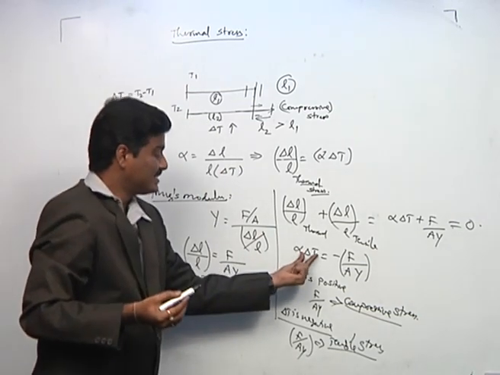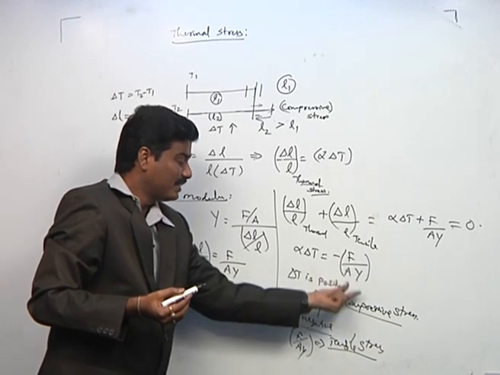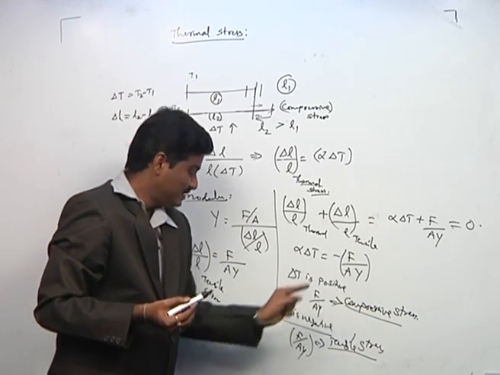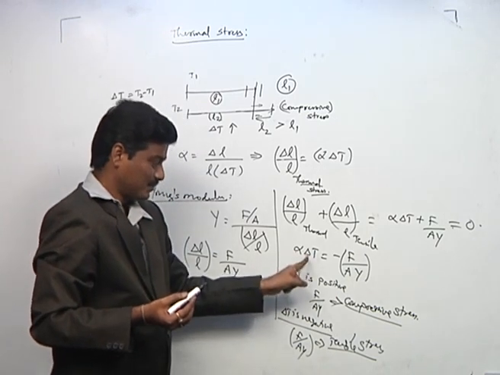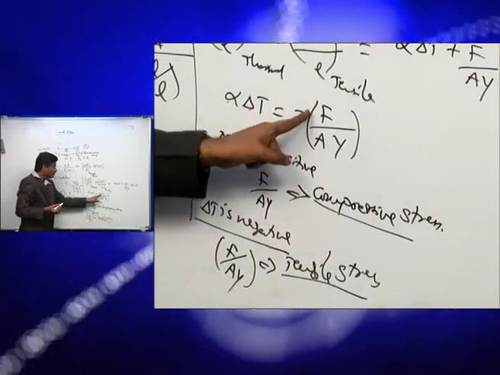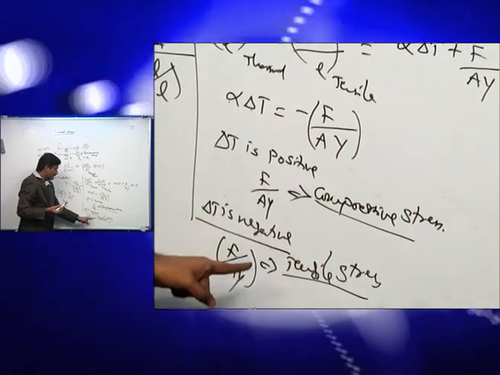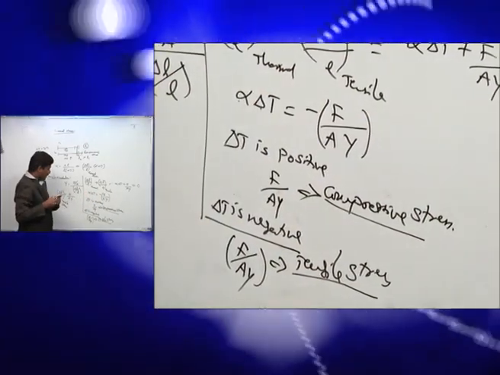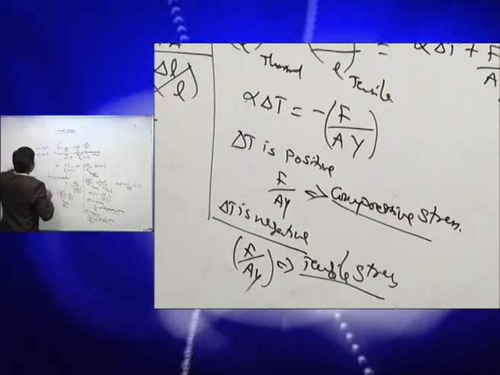See, when delta T is positive, it becomes negative, and this negative sign takes care of the compressive stress. When delta T is negative, this tensile stress is taken care of by the sign.